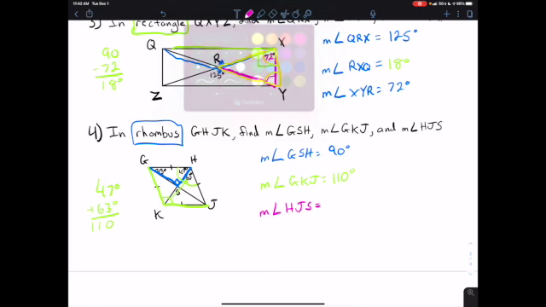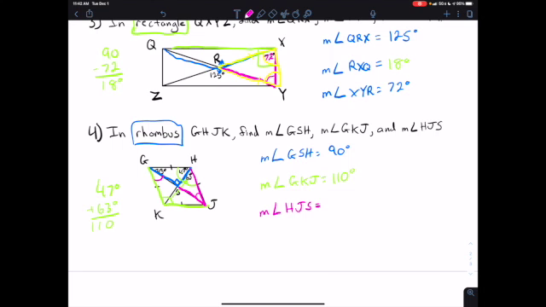All right, now lastly, we need HJS, so that is this one to this one to this one here. All right, so what do we know? Well, we can do a couple of things. For example, this one here is going to be the same as this one here.